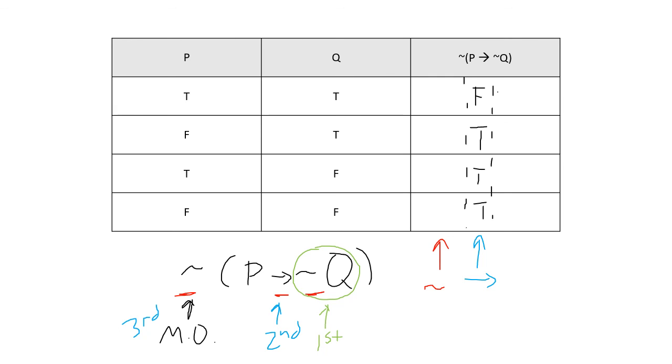And just as with the other tilde, all we're going to do is flip the values that we have associated with the arrow. So F will turn into T, T will turn into F, T into F, T into F. So these values just get flipped like so, and the value for the whole sentence then is TFFF.